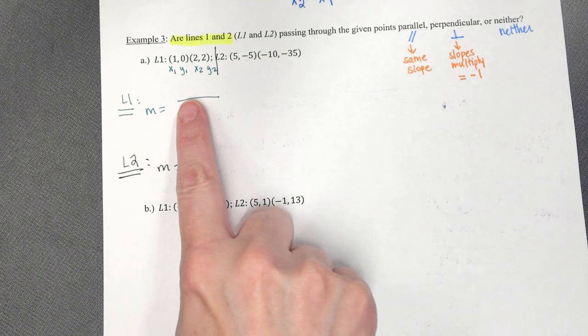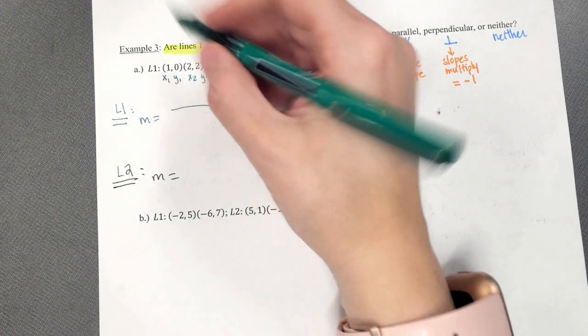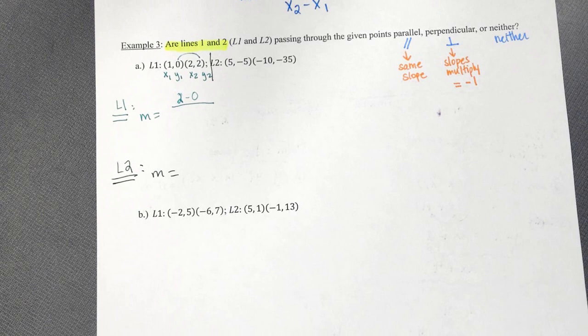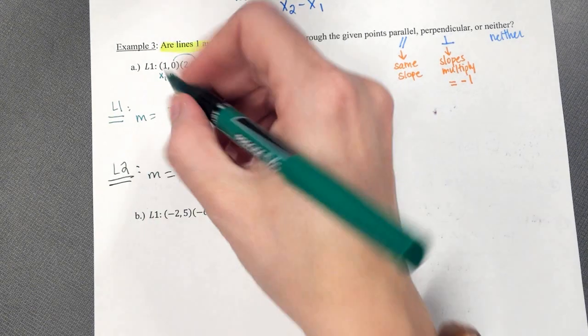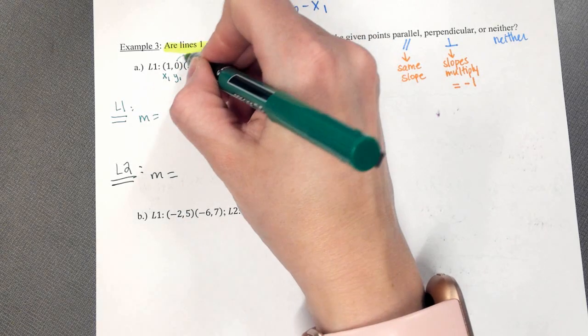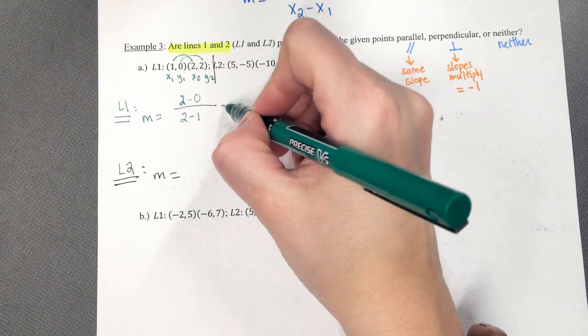Okay, and then Avery, can you tell me what you wrote on the top here? Good. Okay, so the y2 minus y1 is 2 minus 0. Okay, and then Cece, can you tell me what you put on the bottom? Good. And then 2 minus 1. Okay, so Gabe, what's 2 minus 0?